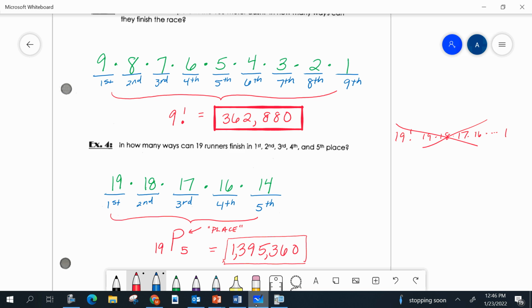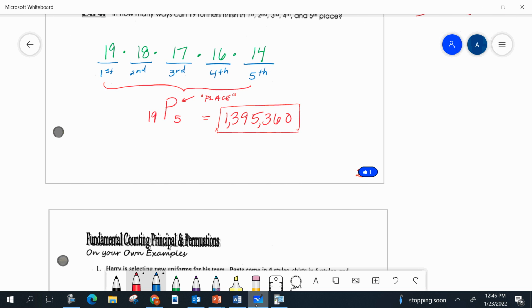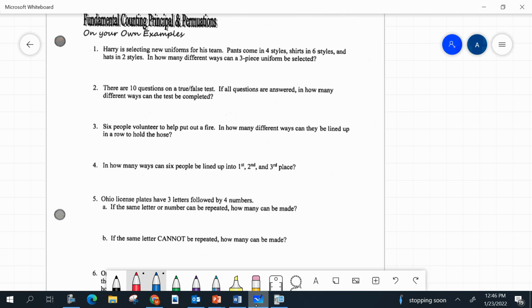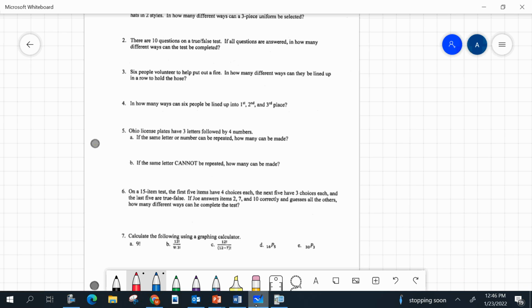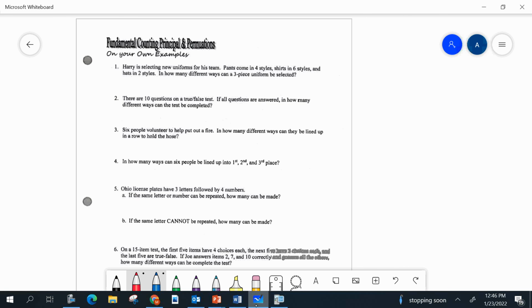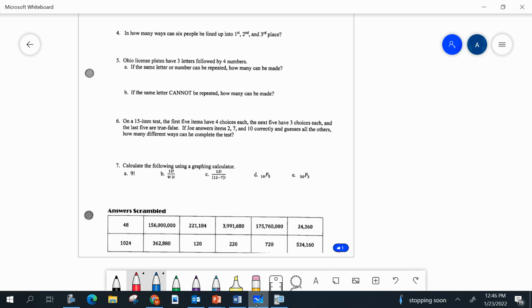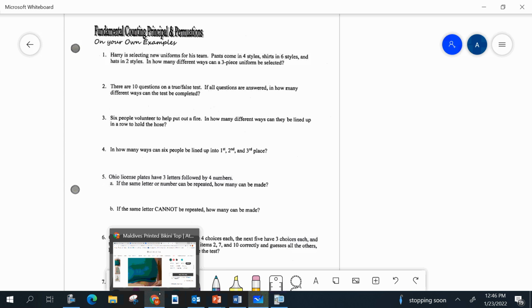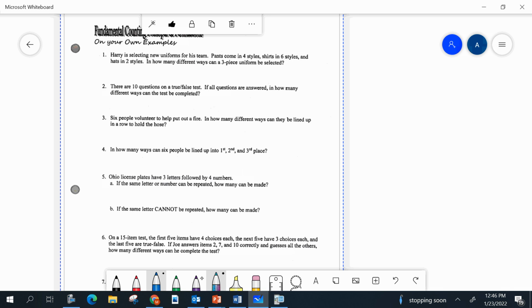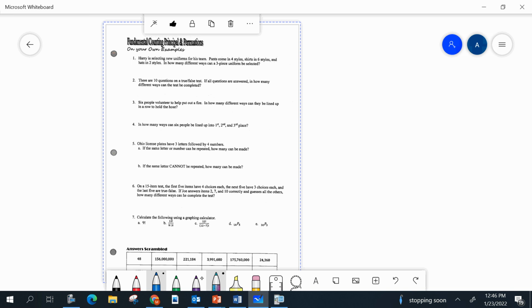So what I'm going to have you do now, and that's it for the examples. If you look at page 3 in this packet, what you're going to see is this little on your own, okay, for the examples. So I want you to work through these. You've got the answers scrambled here at the bottom that you can then work through a problem. And again, what I want to see on every single problem is, I don't want to just see the answer, but I want to see you work out with the blanks, right?